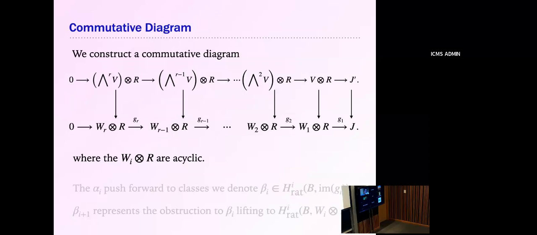And the point is, there's a commutative diagram here, and I'm not going to be able to fully explain this, except to say that, I guess I kind of can explain this. Remember, the V's come from the B coordinates, and the difference between J and J prime is that J has all 4 coordinates, A, B, C, D. So you replace V by the module that has all of A, B, C, D, right?